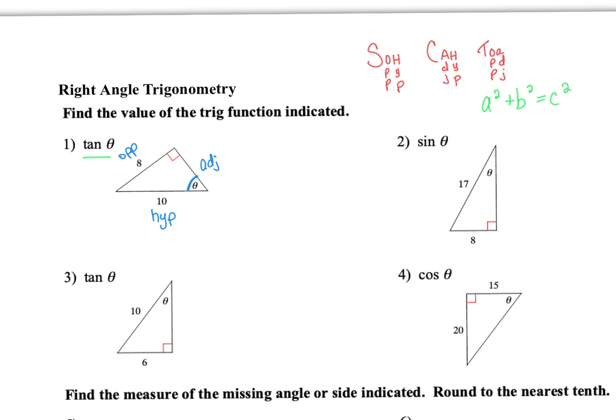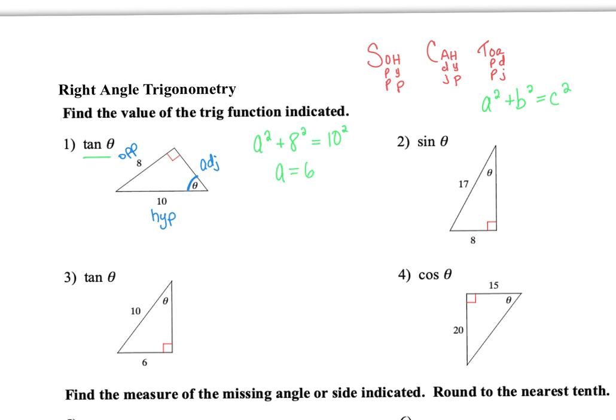So to solve for this, I have to have that adjacent side. I must use that to do it. So I'm going to say A squared plus B squared equals C squared. In right angle trigonometry, it's always positive. So what A do I get? A squared plus 64 equals 100. Subtract your 64, take the square root. What is A?